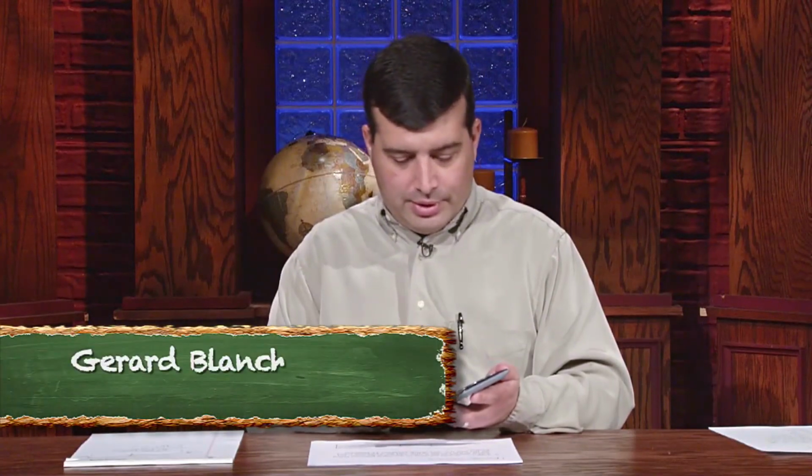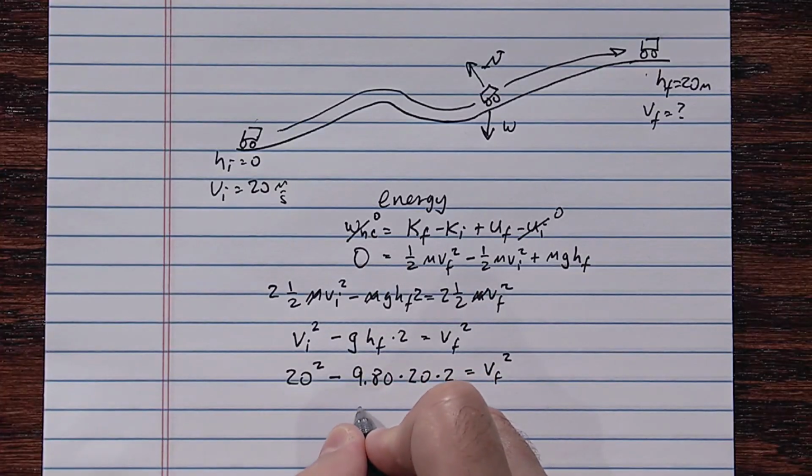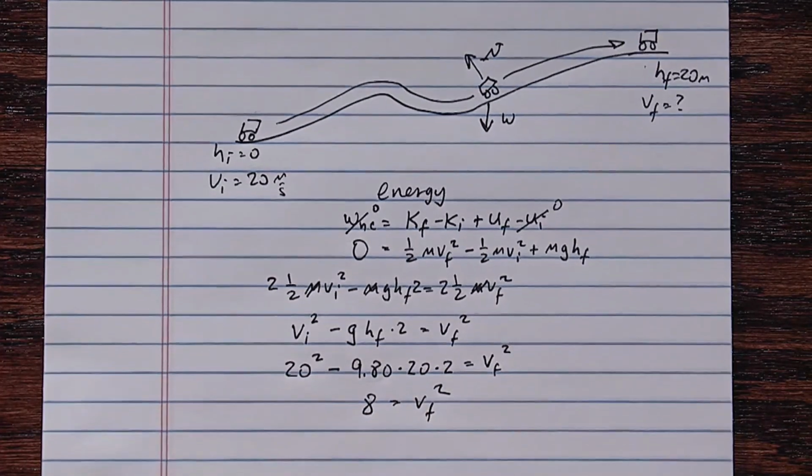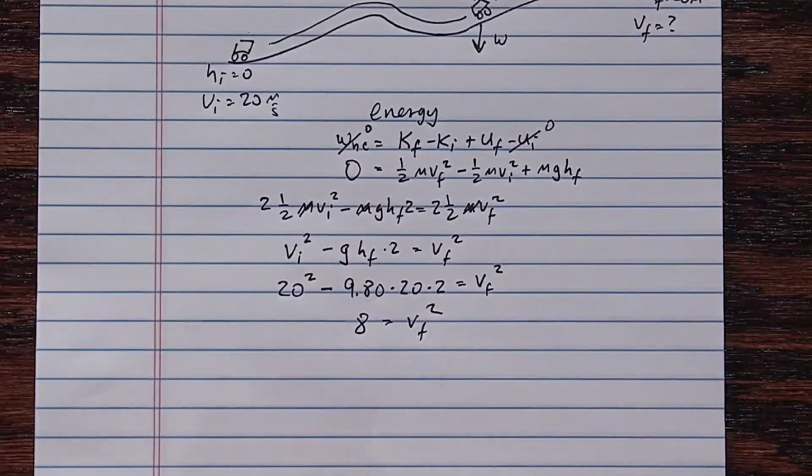We have 20 squared minus 9.80 times 20 times 2, and we have 8 equals v final squared, or v final is equal to the square root of 8.